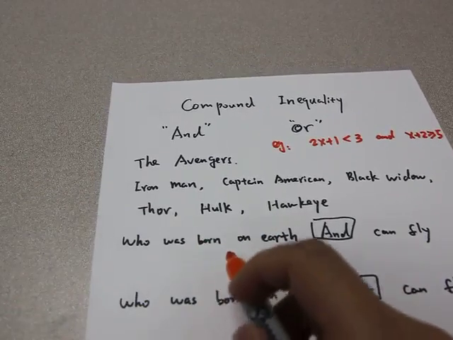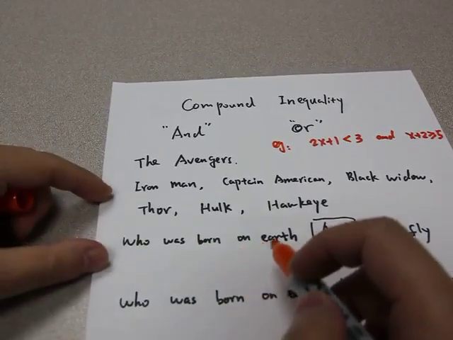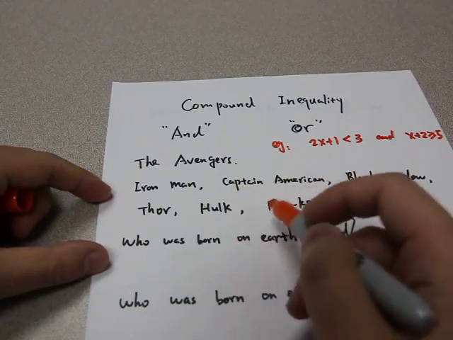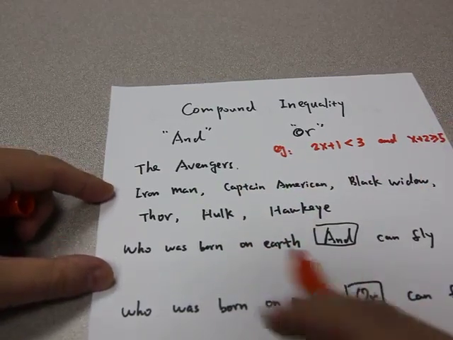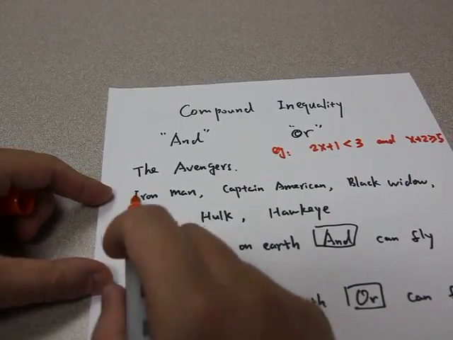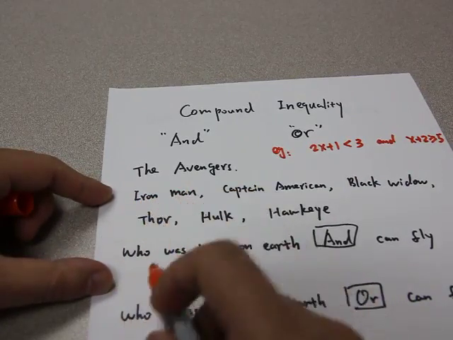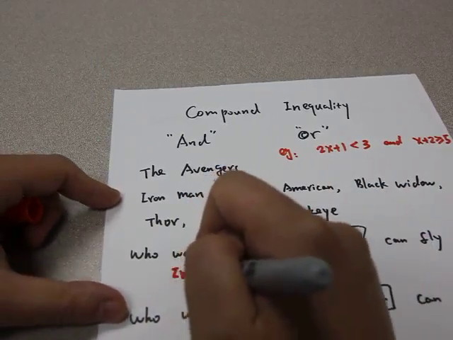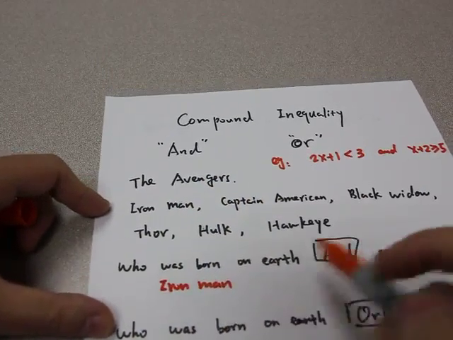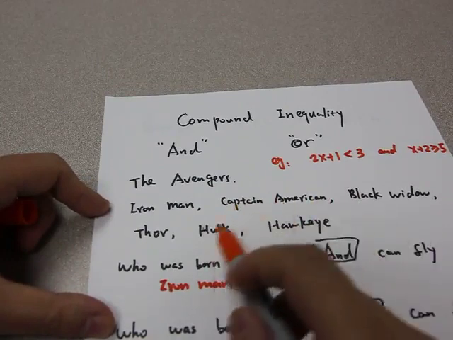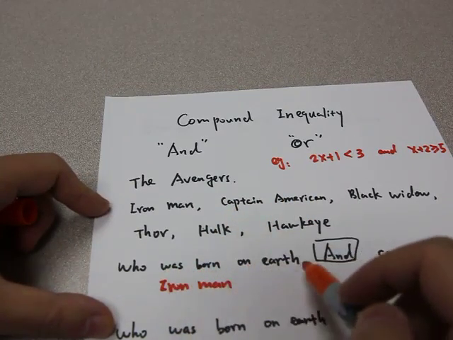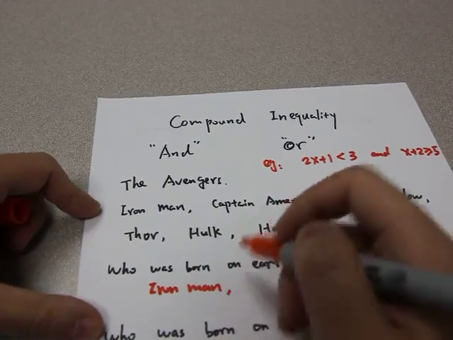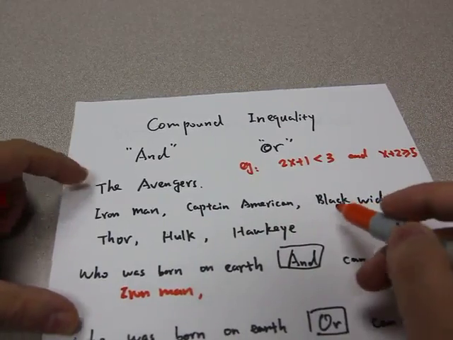Let's take a look at the first statement and think about which member we should choose. Iron Man, yes, he was born on Earth and he can fly. So we put Iron Man here. Next, Captain America was born on Earth. However, he cannot fly, so we couldn't choose him.